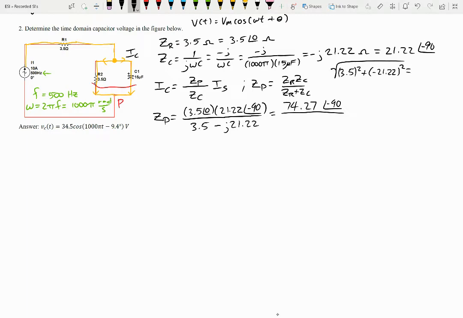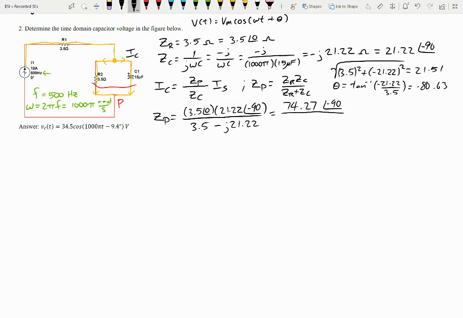That'll give us 21.51. Then theta will equal the tangent inverse of -21.22 over 3.5. That'll give us -80.63 degrees.